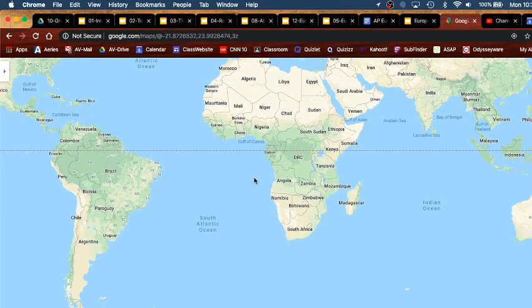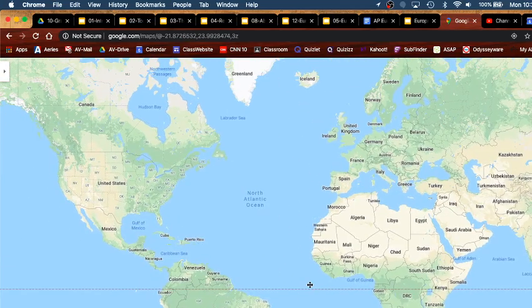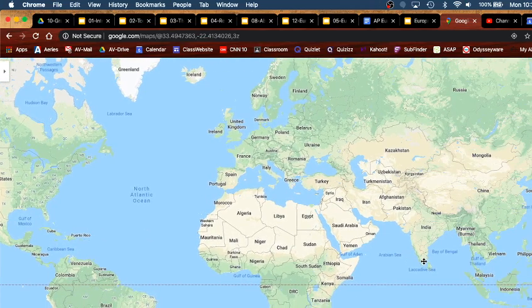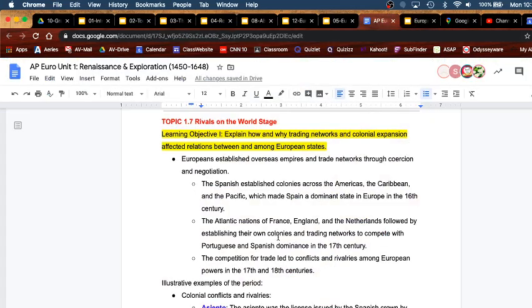But it turns out that Bartolomeo Diaz proved it was possible, and Da Gama does actually go around, whereas Christopher Columbus ends up landing in the West Indies when he thinks he's in the East Indies. And so that's kind of what we're talking about right here. These colonies, this competition for trade led to conflicts and rivalries among European powers in the 16 and 1700s.